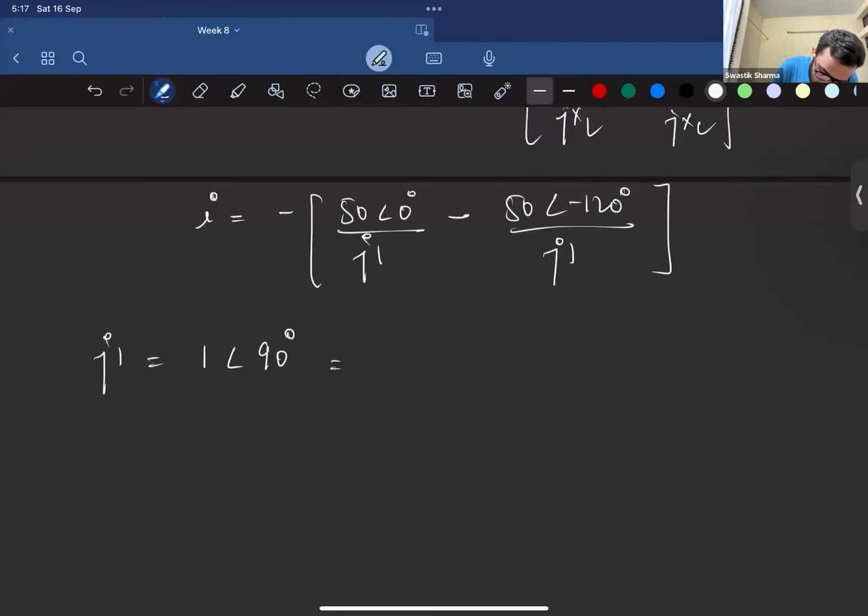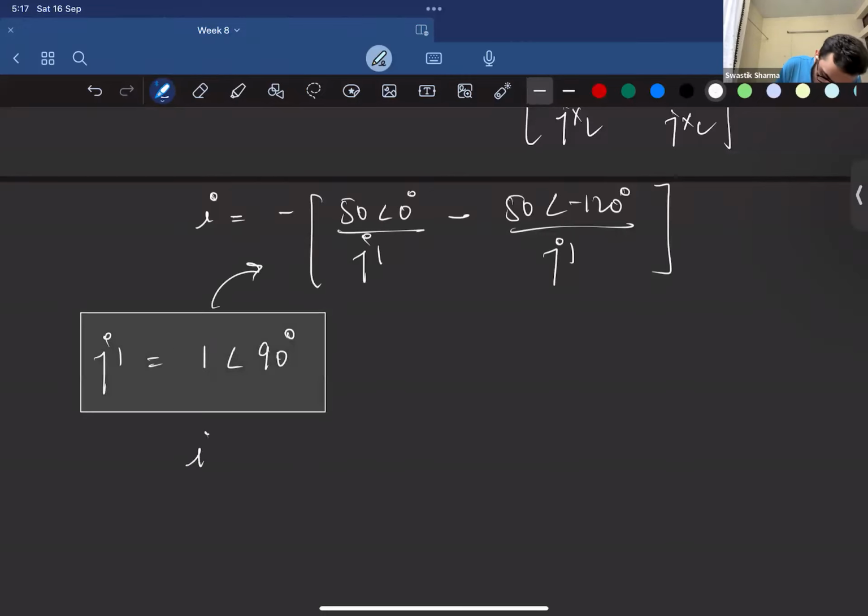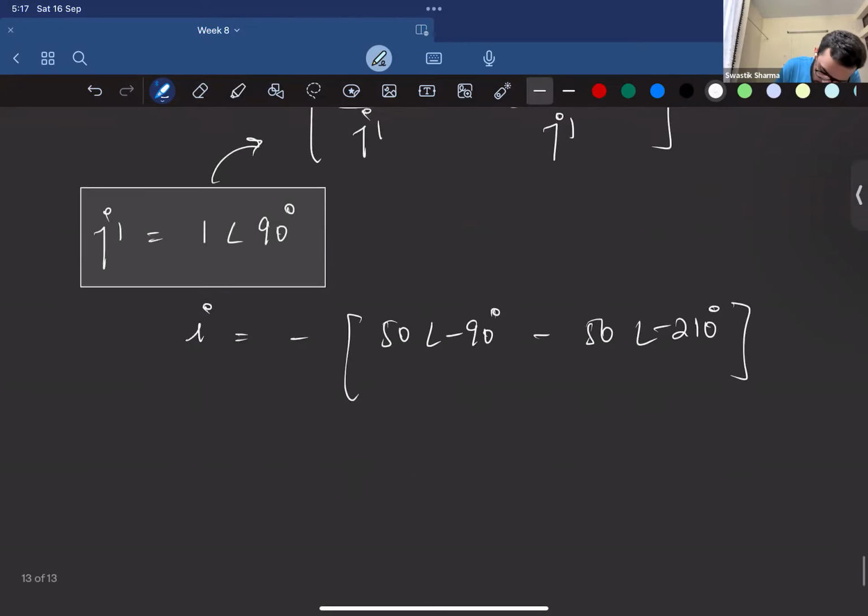So it's represented as 1 angle 90 degrees. So what would happen to this current then if we make use of this fact? It would look like 50 angle minus 90, since it's in division, minus 50 angle minus 210, right? It's in division.